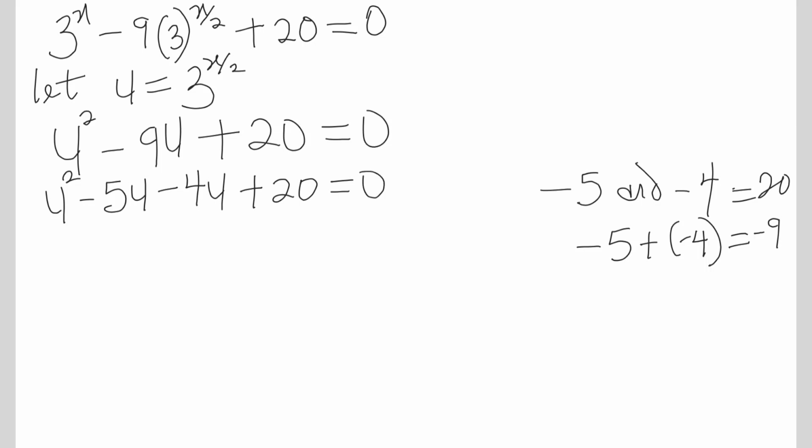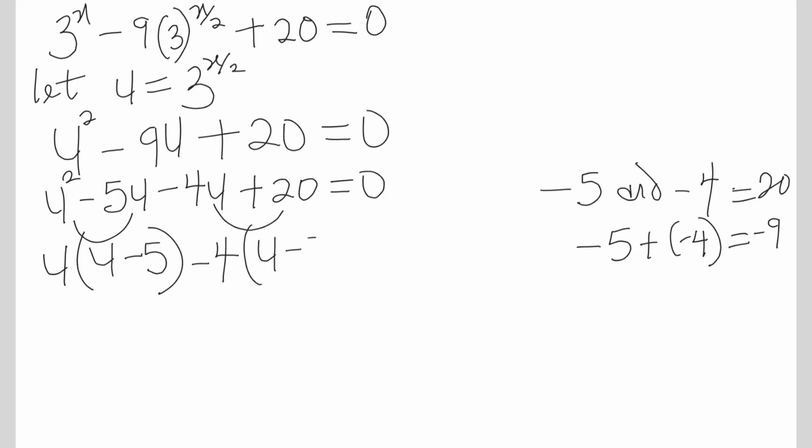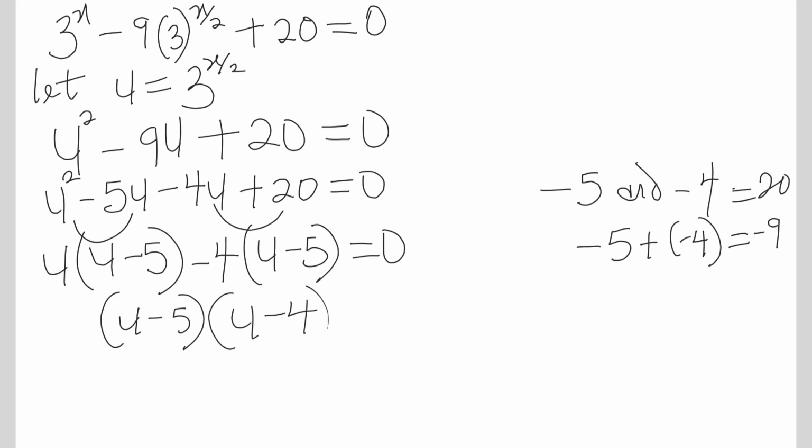Of course, we are going to be grouping. So we have this and this. We have u, open bracket, u minus 5. Then 4 is also common here, so we have minus 4 into bracket, u minus 5 again, equal to 0. And of course, we have u minus 5 and u minus 4 equal to 0.